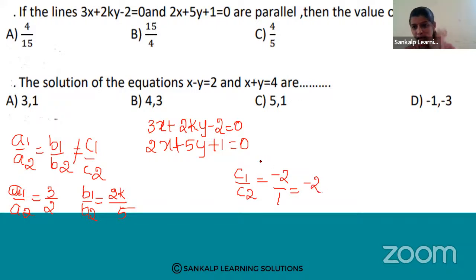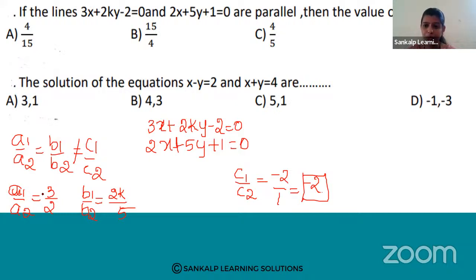Okay, so what condition do we need? A1 divided by A2 is equal to B1 divided by B2, but it is not equal to C1 divided by C2. C1 divided by C2 is minus 2, so A1 divided by A2 is not equal to C1 divided by C2. Clear? But what should B1 divided by B2 be?